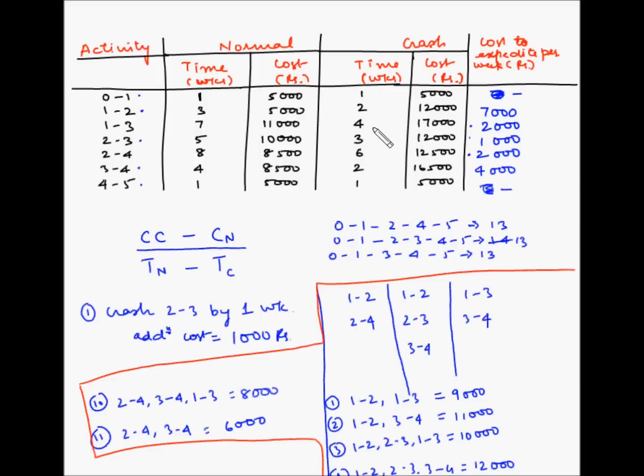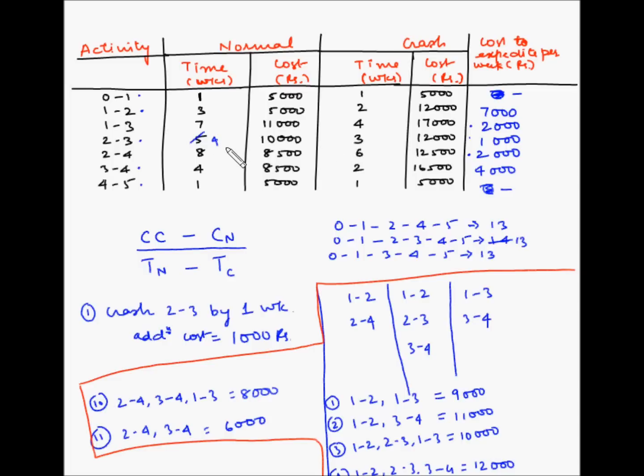So now let's find out how much we can crash this combination by. 1-3 can be crashed by 3 weeks, 2-3 can be crashed by 2 weeks, but hold on, 2-3 we have already crashed by 1 week, so let's change this to 1. So now 2-3 can be crashed by 1 week only, and 2-4 can be crashed by 2 weeks.